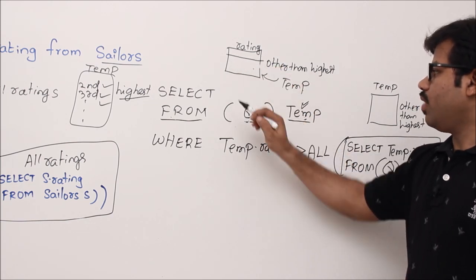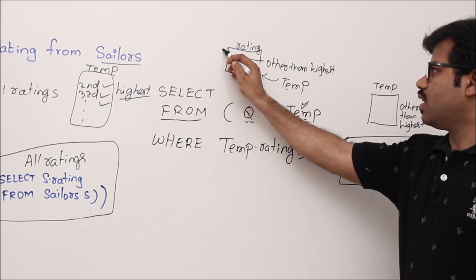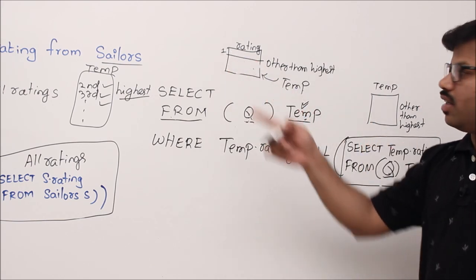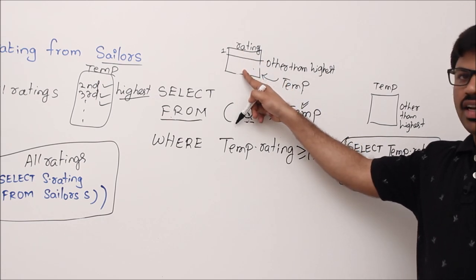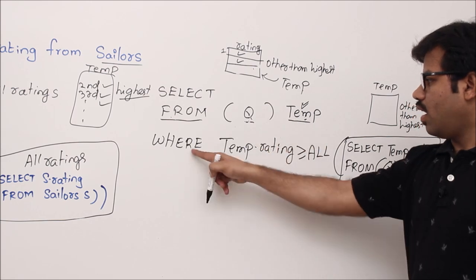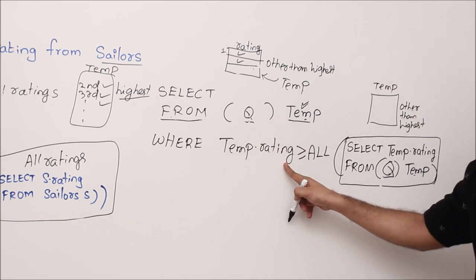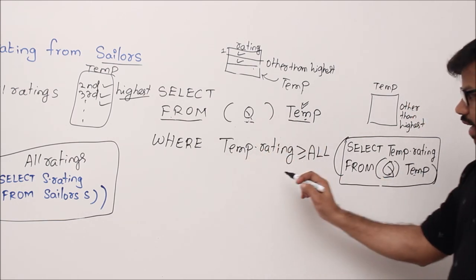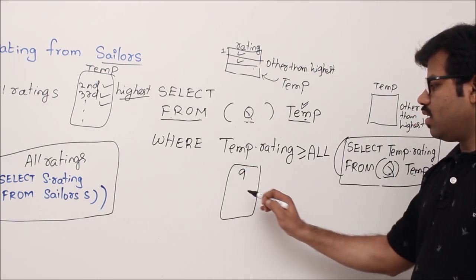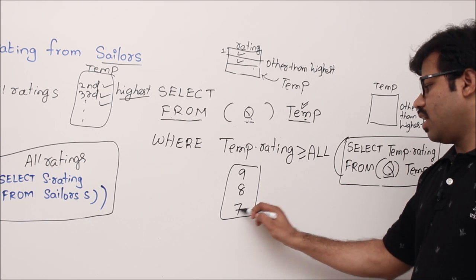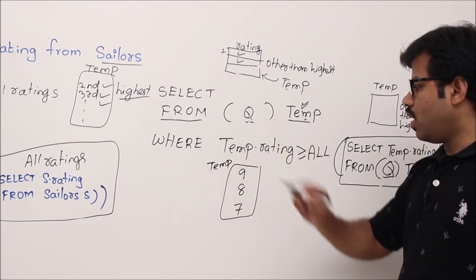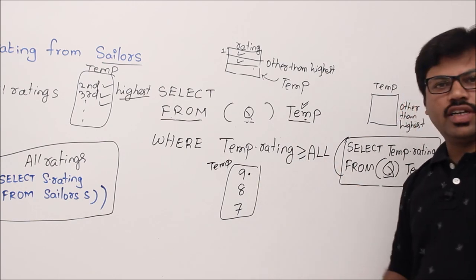Take a tuple from the temp table. The temp table is a collection of ratings other than the highest. Now we are taking all such tuples one by one and taking temp.rating. Example, temp.rating is 9 the first time. Assume the ratings are 9, 8, 7.